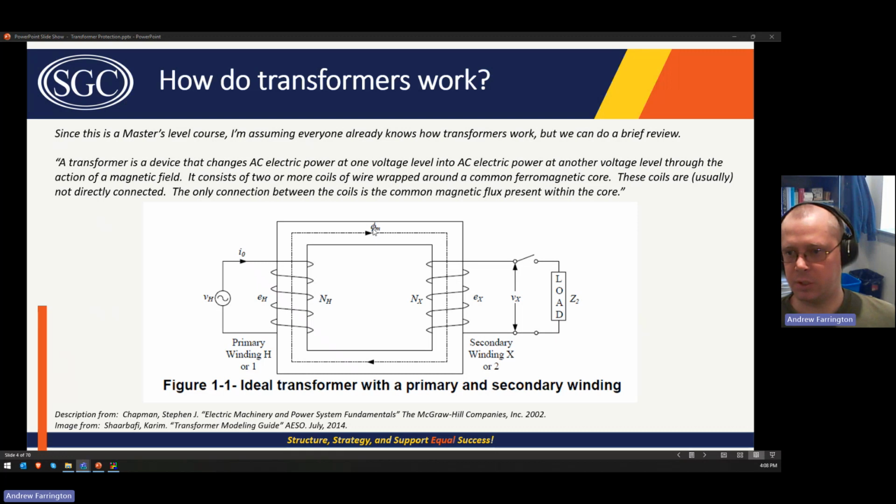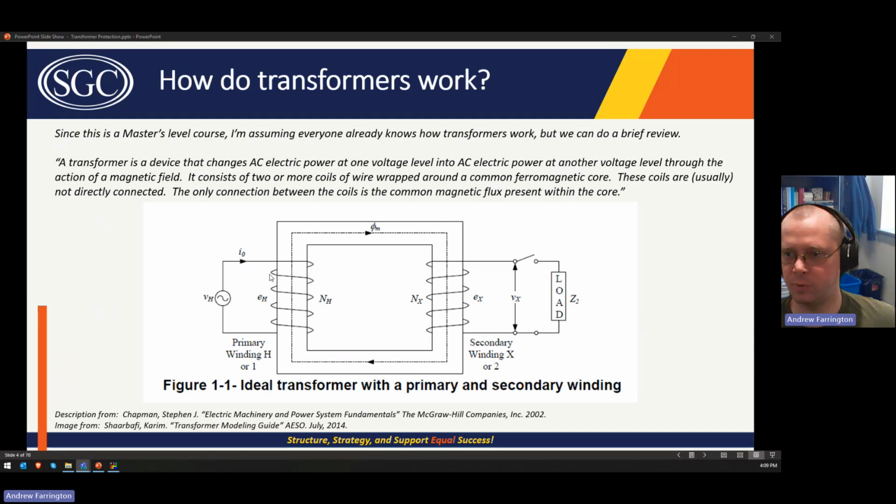So this is a diagram of an ideal transformer. You have the high voltage system that has a source, and then you have the current flowing through a winding that is wrapped around a magnetic core, usually laminated iron.